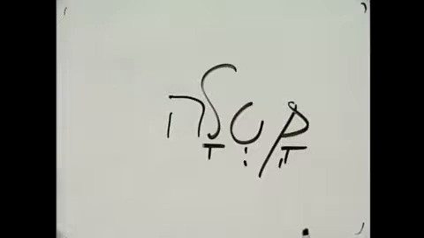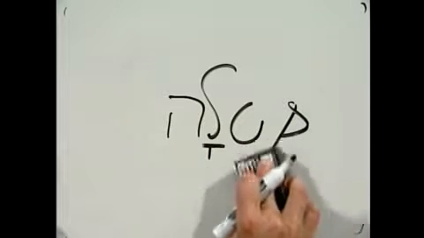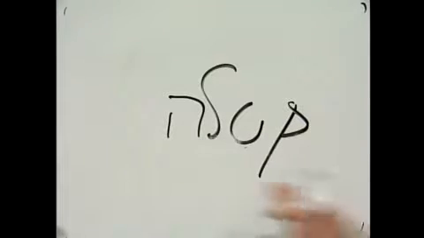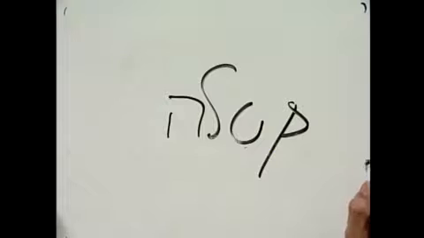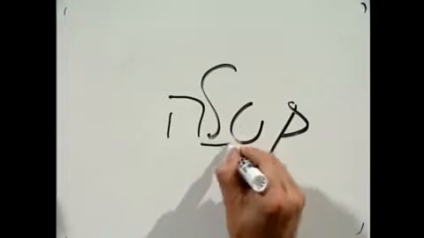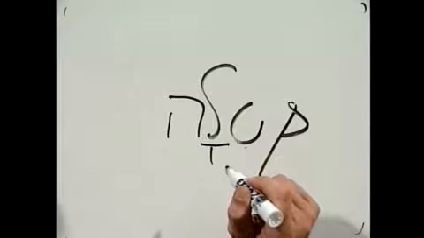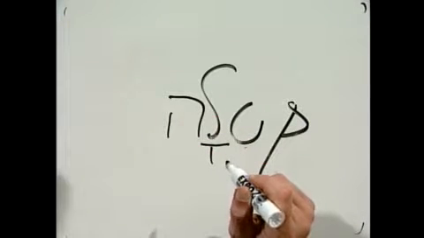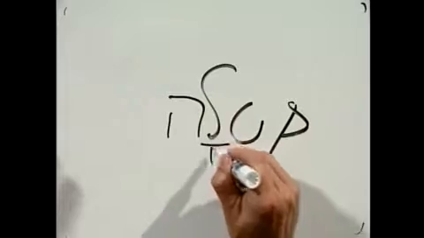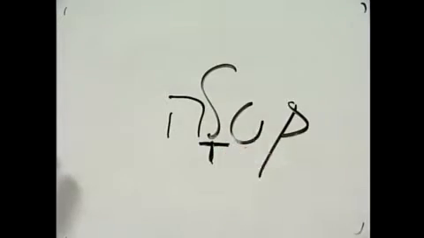It's not a real hey that you would pronounce in any way. It's simply that if you had an unpointed text in Hebrew, suppose you didn't have the vowel points, this would tell you to read a long kametz here, and so this just simply aids in reading. That's all it does. It's not a real H. It's simply an aid to reading this vowel here.